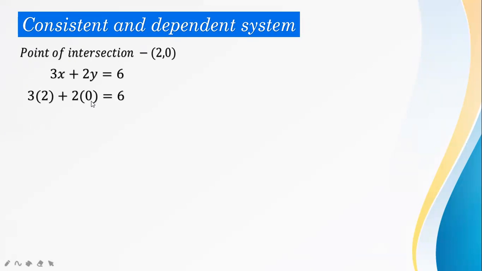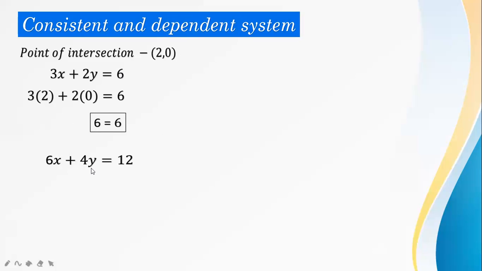Then 2 times 0. So y changes to 0. So 2 multiply 0 and therefore the answer is 0. 3 times 2 we have 6. So therefore we have 6 equals 6. So it means we have true, wherein this ordered pair is one of the solutions of this equation.